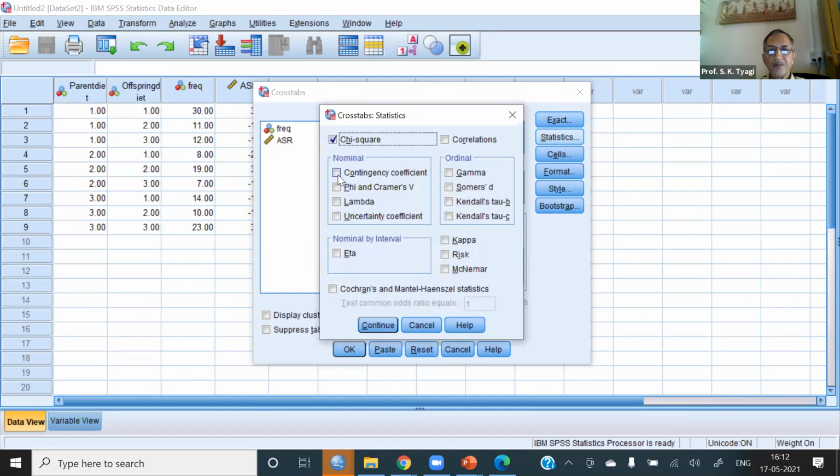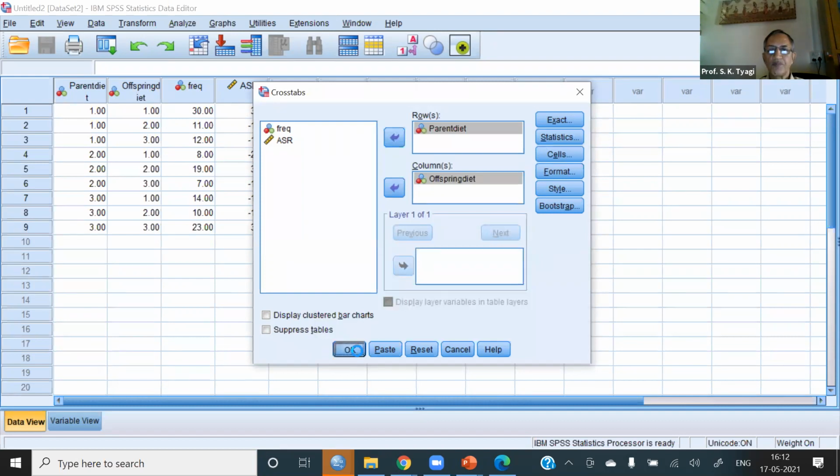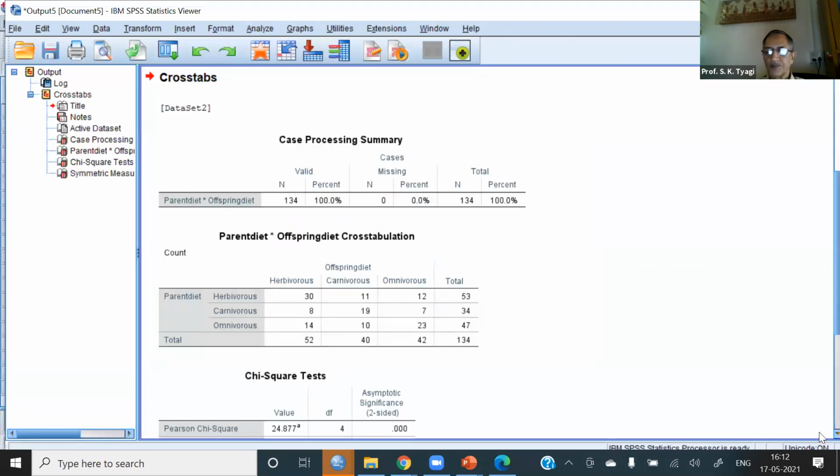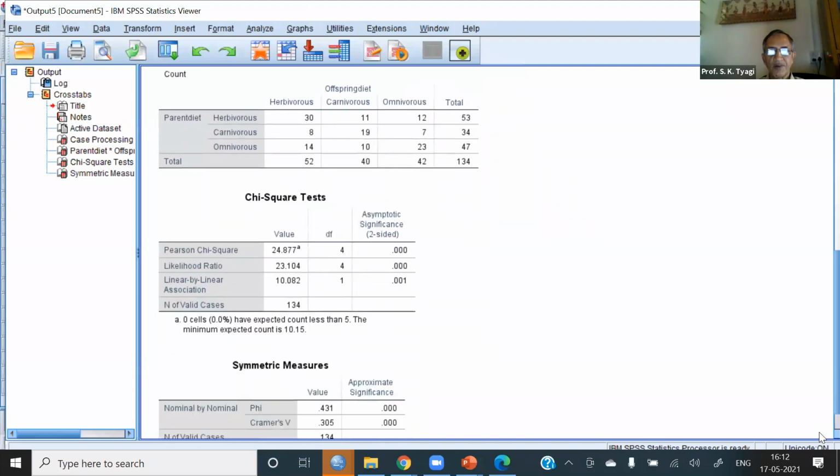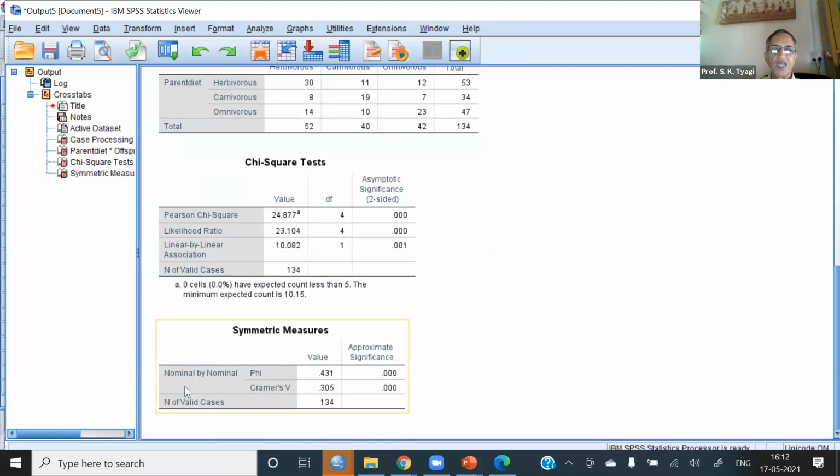And here we have phi and Cramer's V. So this option is available in cross tabulation, but not in one way. So phi and Cramer's V. Here we find this table, symmetric measures, nominal by nominal: phi 0.431, Cramer's V 0.305. We have already seen how to interpret it.